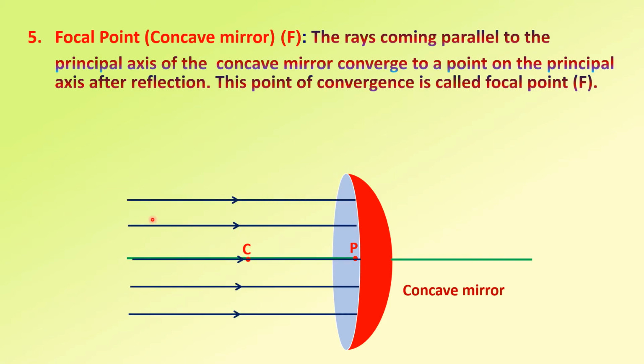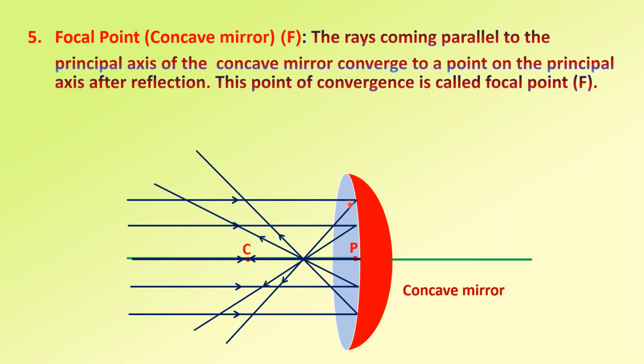These are the parallel rays and falling on the mirror. They will suffer reflection here. After reflection, all the rays will pass through a single point on the principal axis.